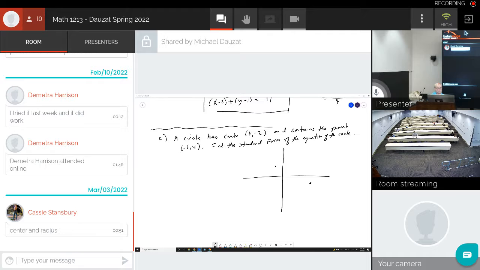Now remember, when I say it contains the point -1, 4, what that means is that when I draw that circle, and I'm not doing a good job drawing the circle, this is the center, y'all agree? So when I say it contains the point -1, 4, it means that -1, 4 is on that circle. That's what that means.